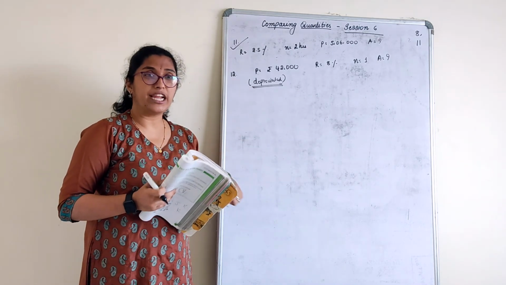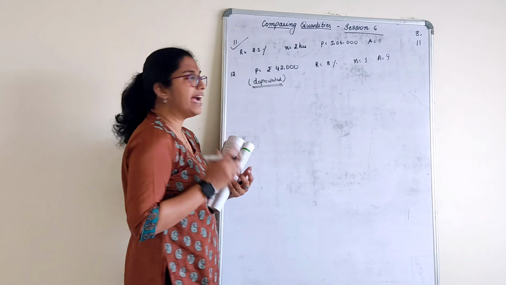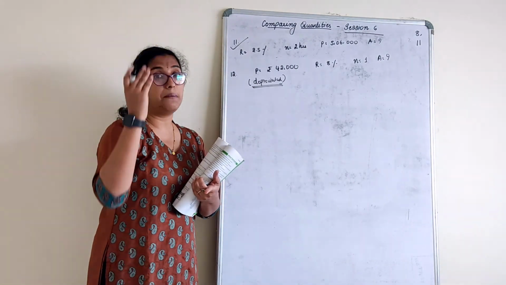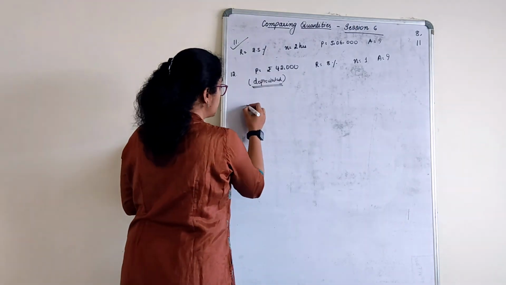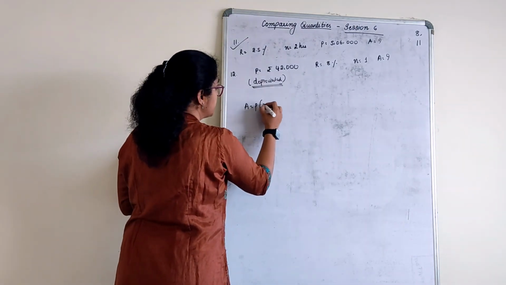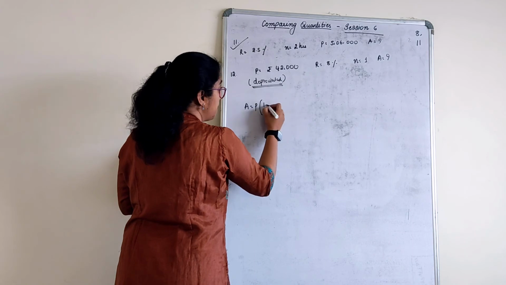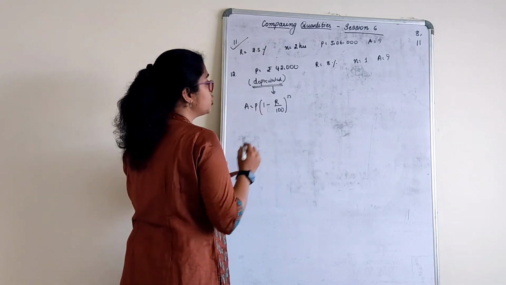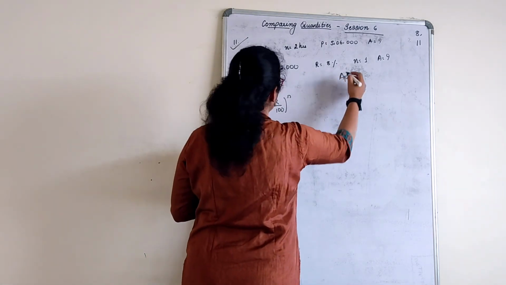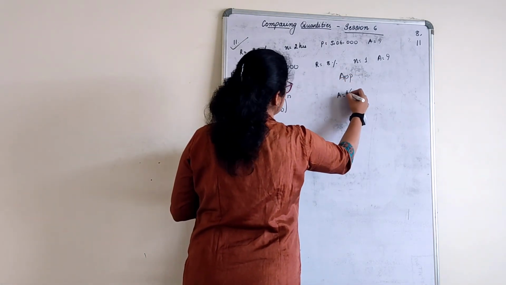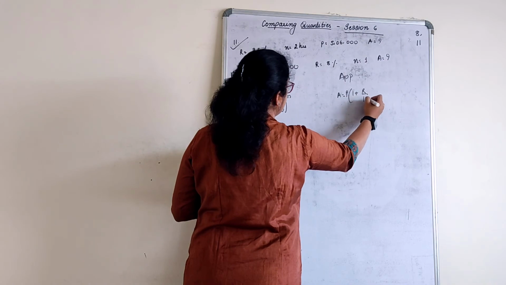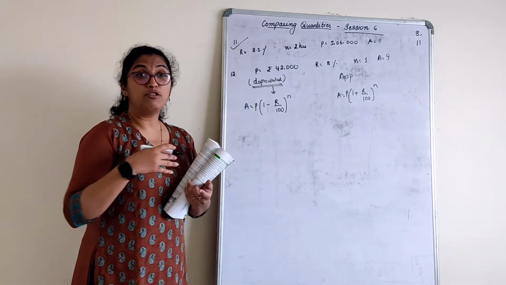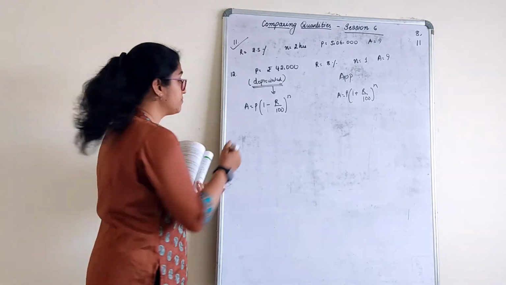If it is depreciating, we use the same formula, we only use a minus. Remember that is the formula for depreciation and appreciation. What would be for depreciation then? Amount is equal to principal 1 minus r by 100 raised to n. If it was for appreciation, then it would be 1 plus r by 100 raised to n. Simple formula, right? Because the amount should be less here, not more.